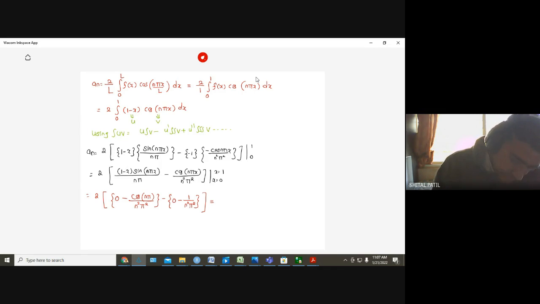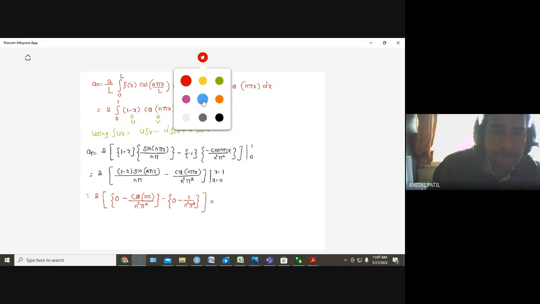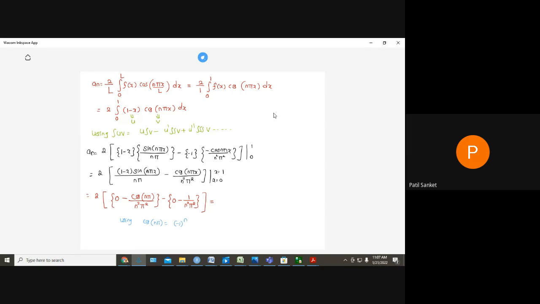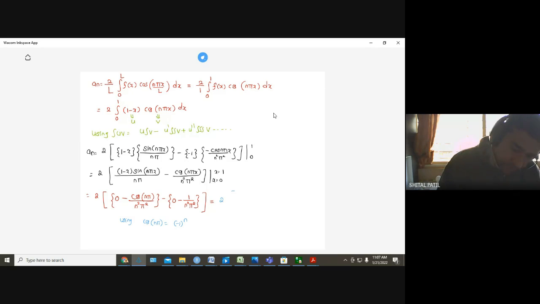So I have to use a formula. I'll mention it here. What is cos of n pi? -1 raised to n. Absolutely. Use that.